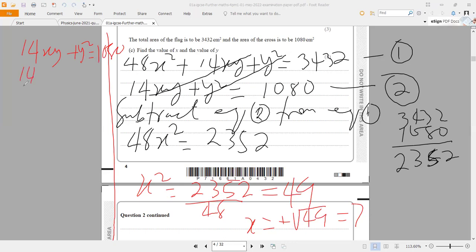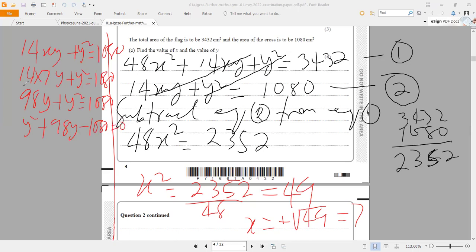So we have 14 times 7y plus y squared equals 1080, which is 98y plus y squared equals 1080. We have y squared plus 98y minus 1080 equals 0.